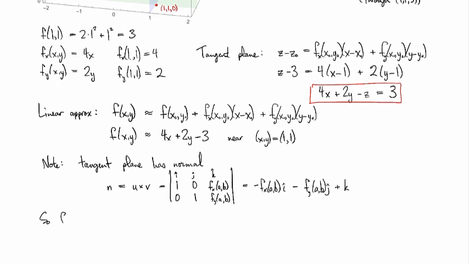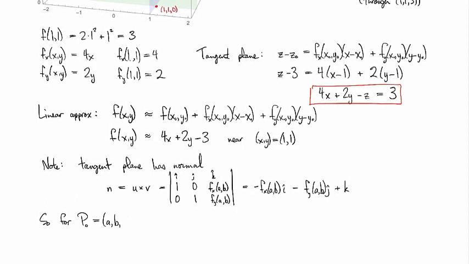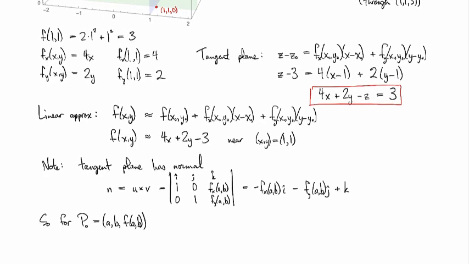So for our fixed point a, b, f of a, b, if I make the third coordinate equal to f of a, b, then that ensures that I'm on the graph.